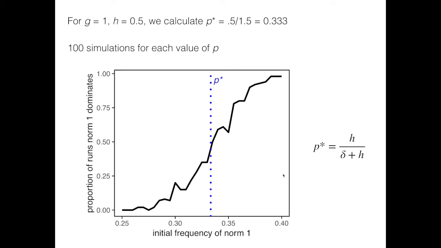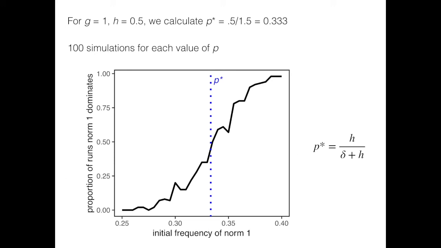Second, the threshold is higher when the cost of using norm 1 with a norm 2 agent is greater. So when h is larger, p star is larger. So these results make sense. Even rare interactions may be attractive if they have a high payoff, but the benefits have to outweigh the costs of non-coordinating interactions.